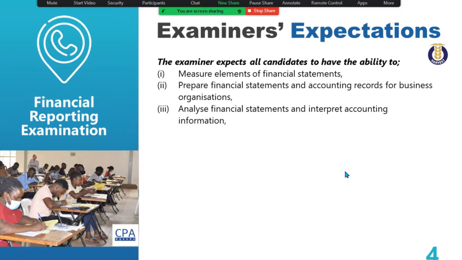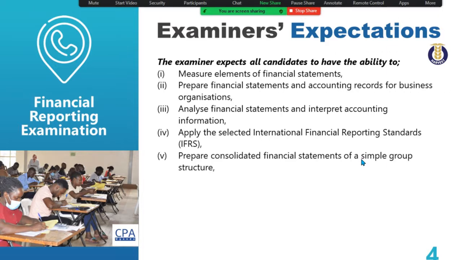Okay, interpreting accounting information, you must have the ability to apply the different measures in order to interpret the financial statements. The examiner expects you to have the ability to apply the accounting standards, to have the ability to prepare consolidated financial statements of a single group structure. What you're doing are what we call basic groups. So you're expected to prepare the consolidated financial statements of a single group.